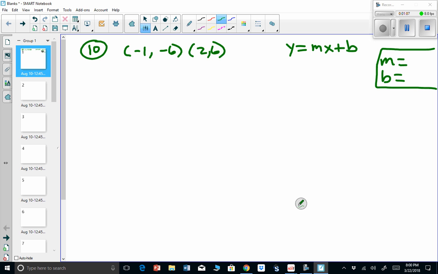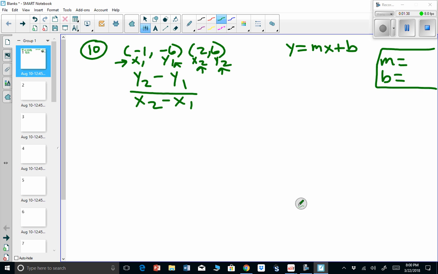The slope formula is y sub 2 minus y sub 1 over x sub 2 minus x sub 1. This is x sub 1, this is y sub 1, this is x sub 2, and this is y sub 2. This just means the first x coordinate, the first y coordinate, the second x coordinate, the second y coordinate. That's all that means.